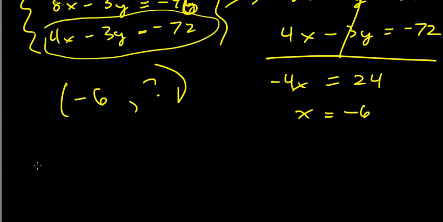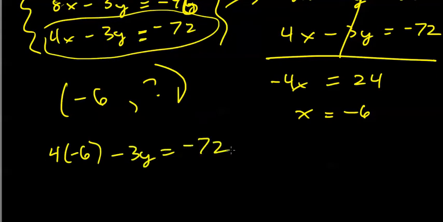Now that I know x has to be minus 6, I can say 4 times minus 6 minus 3y equals, that's an equal sign, minus 72. So minus 24 minus 3y equals minus 72.